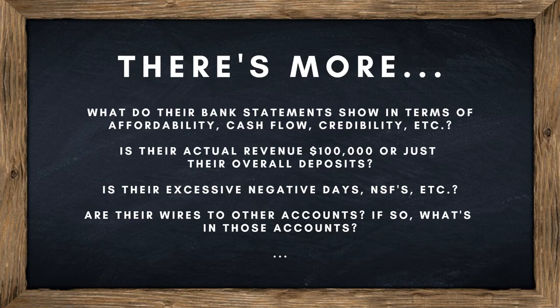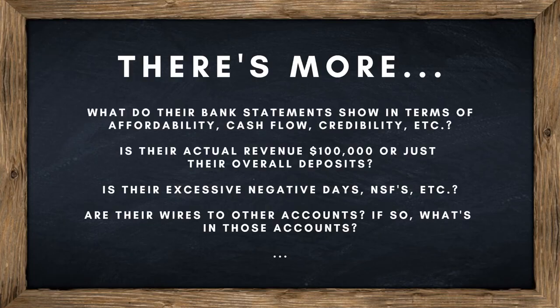What is revenue? What is a suspicious wire? For instance, if they have a wire from Blue Capital Funding for $25,000, that's not revenue. That's a loan, right? So we know their $100,000 in deposits, deduct $25,000, because they don't have $100,000 in revenue. They have $75,000 in revenue. So that's going to affect everything I just showed you there, right?